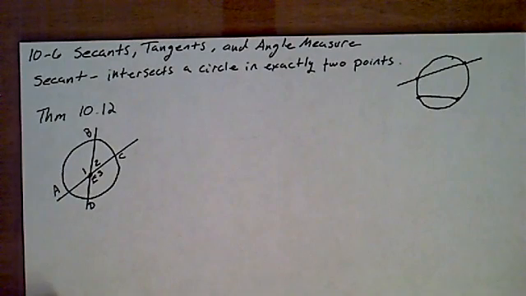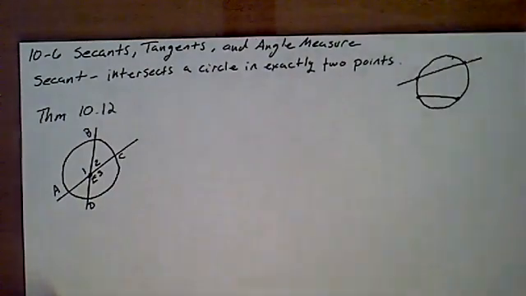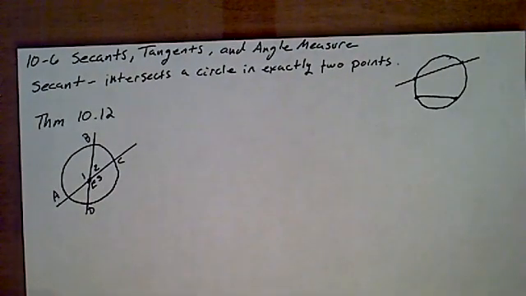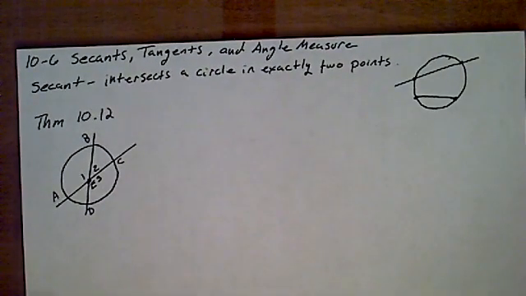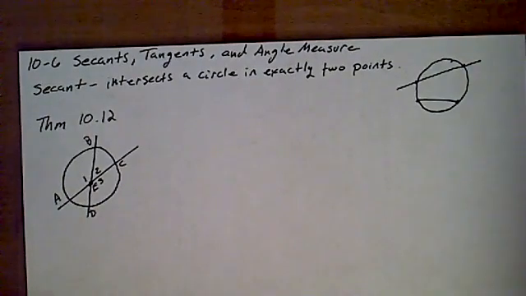So the question then becomes, what do you think might be true about angle 1 or angle 3? In other words, how might we find the measure of angle 1 or 3? I want you to think about it for a second here at least, and try to decide if you can come up with some way.